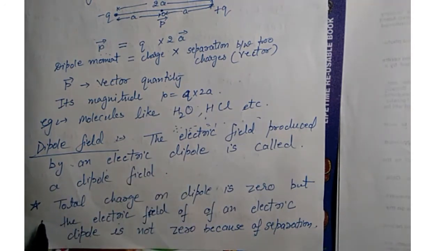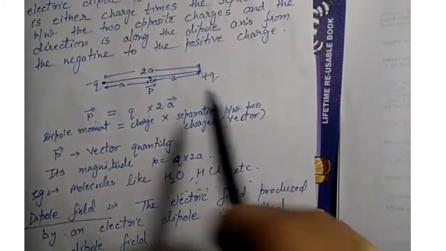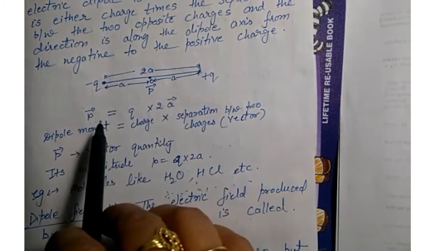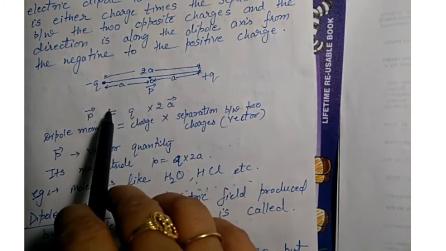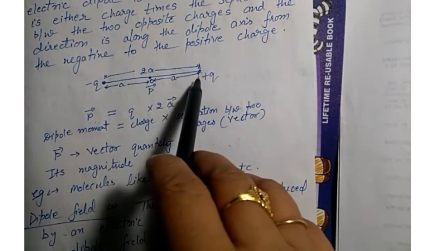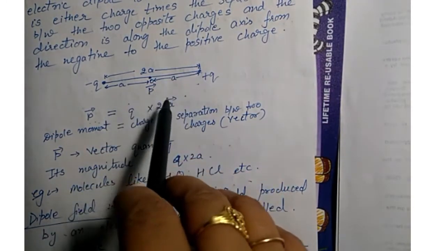And a point to remember is that the total charge on a dipole is 0, but the electric field of an electric dipole is not 0 because of the separation between the charges. Hence, we are having minus q, plus q. The resultant of these charges is 0, but there is a net resultant electric field for this dipole.